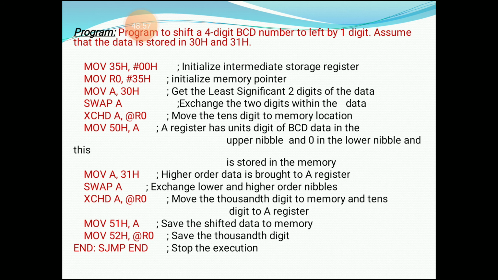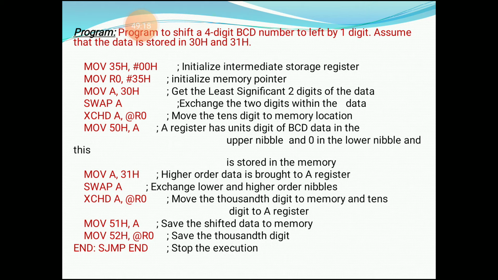Assume that the data is stored in 30H and 31H. Now initially load 00H to the memory location 35H and move R0 comma 35H. Now assign this address to the register R0. Next, MOV A, 30H.